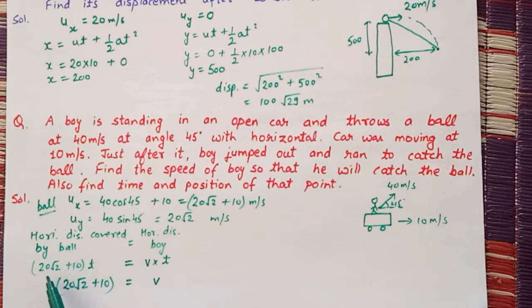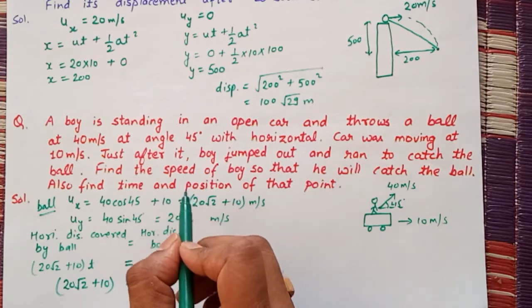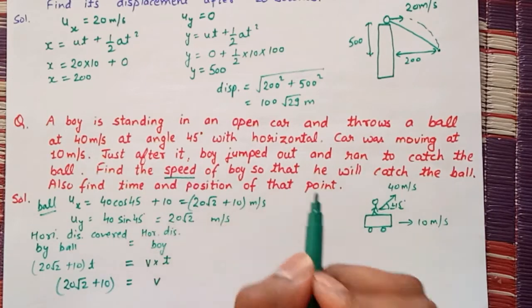Distance covered by the ball will be speed of ball multiplied by time, equal to speed of boy, let it be v, multiplied by time. Both times will be the same, so t is cancelled out, and the velocity of the boy will be 20 root 2 plus 10. So this was the speed of the boy.